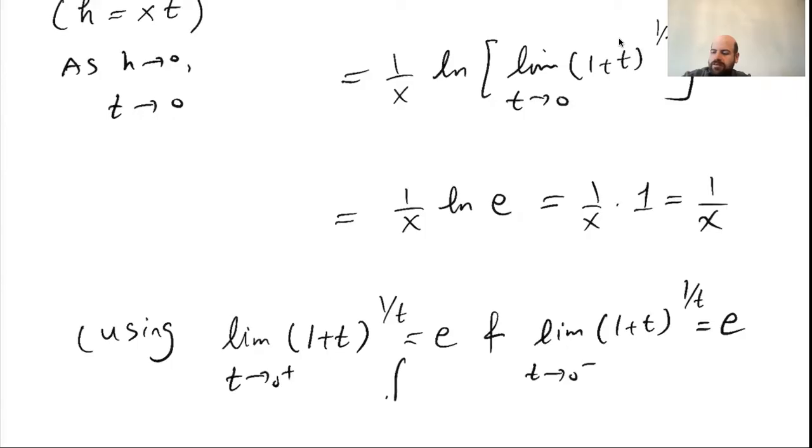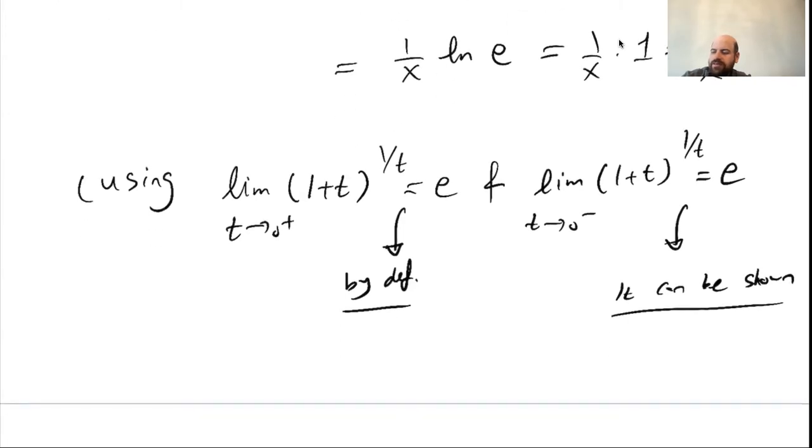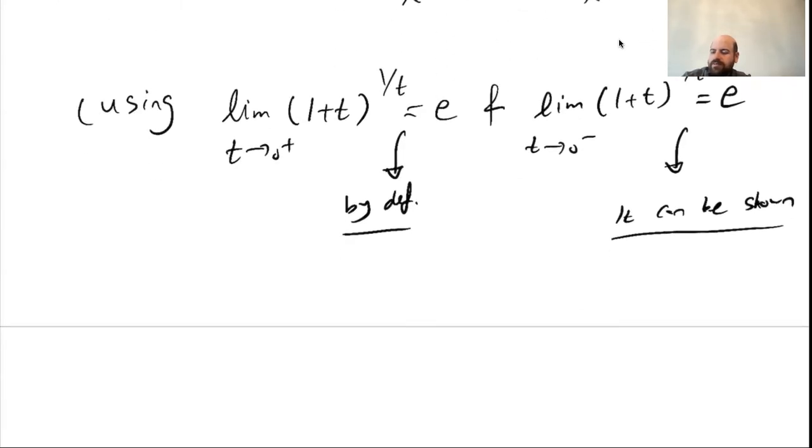The right limit is by definition of e, and the left limit, it can be shown. It's not by definition, but it can be shown that the left limit is also e, and so the whole limit, limit of (1 plus t) to the power 1 over t as t goes to 0, is also e.